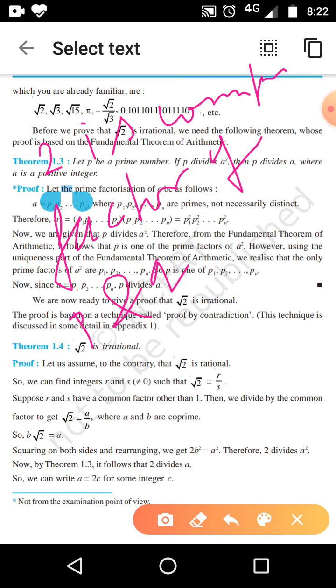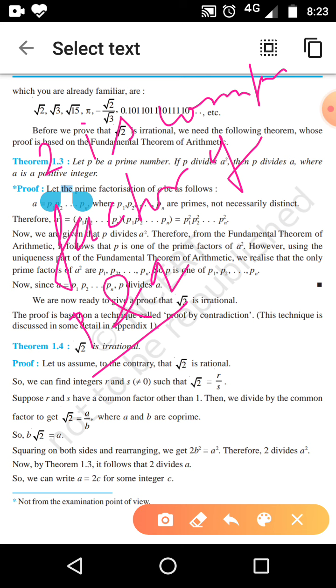Why? You already supposed p and q have no common factor other than 1, because root 2 is a rational number written as p by q. This is a contradiction, that 2 is a common factor of p and q.